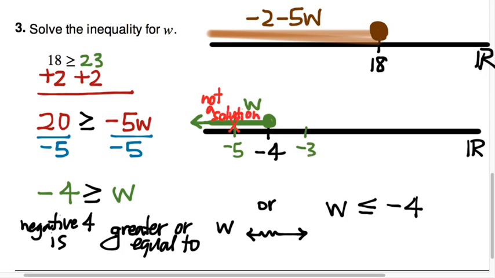Okay, how about this -3? Let's try it. It's not a part of our solution set, but I just want to try it just for kicks, just for fun. If I try putting into my original inequality, this was -2 minus 5w, right? If I try putting -3 in, let's see what happens there. -5 times -3, that'll give me +15. -2 plus 15, 13.